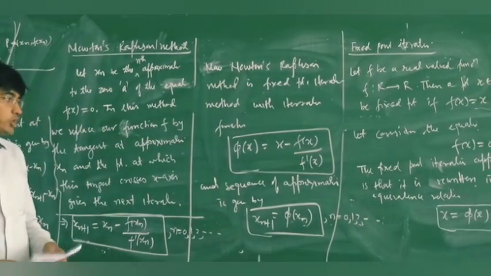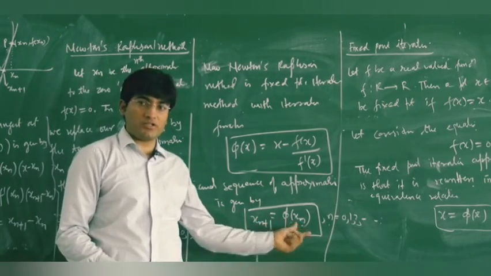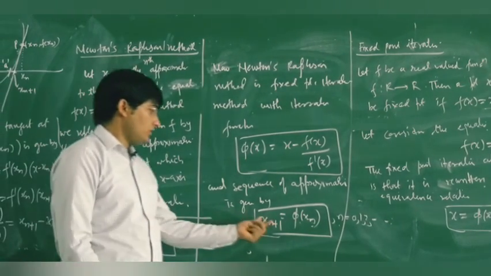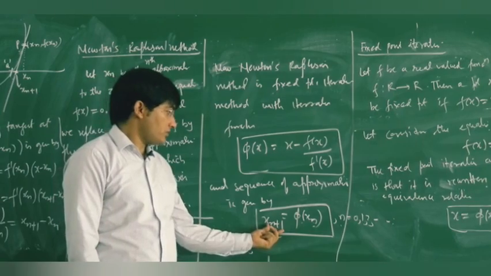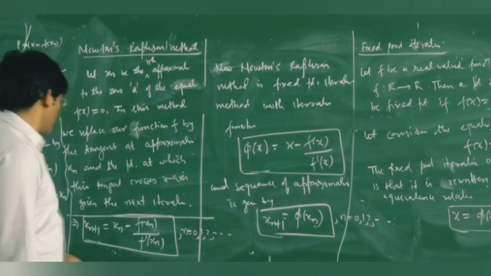So with the help of a suitable initial approximation, we can find the remaining approximations with the help of this fixed point iteration method.